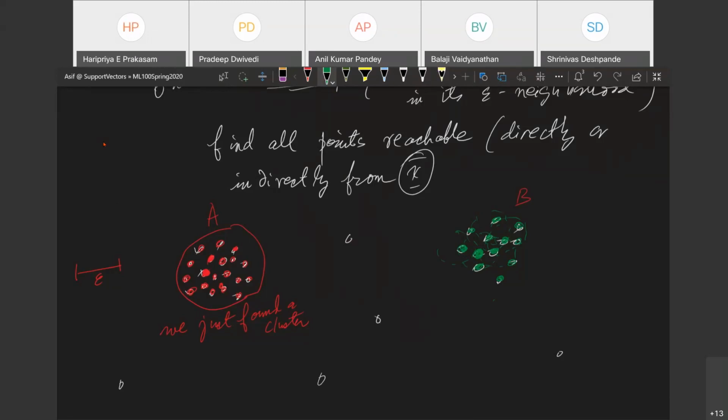Yeah, so in the beginning, you don't think cluster. What you do is you reach every point reachable from an interior point, directly or indirectly. So you will end up picking all the points and you declare those points to be your cluster. Okay.